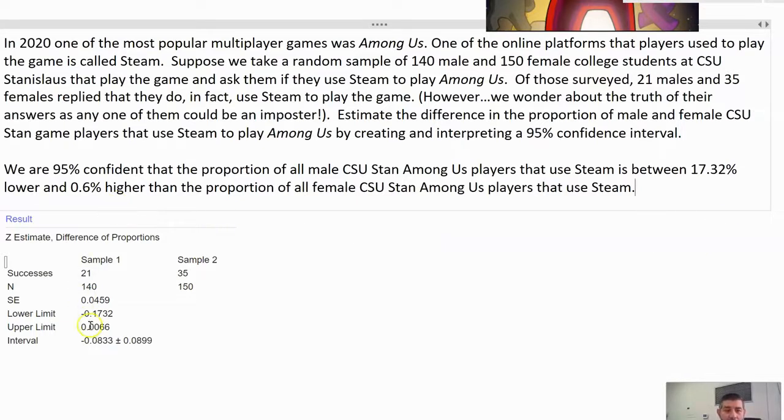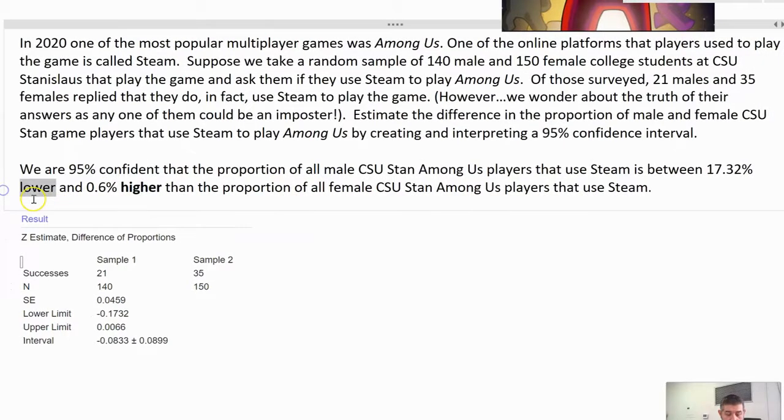So again, if it's a positive, you're going to use the word higher. If it's a negative, you're going to use the word lower.